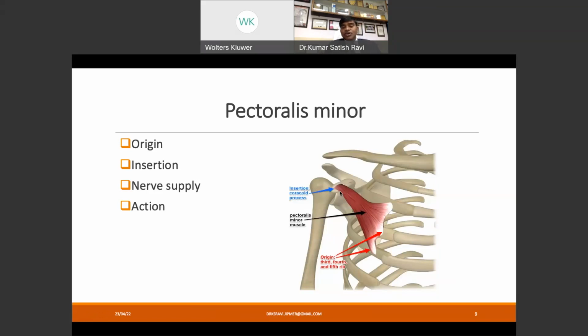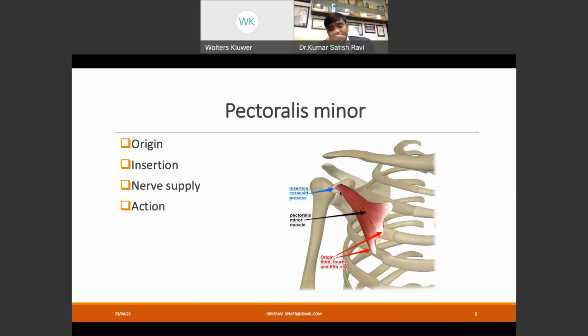Now, the medial pectoral nerve pierces this muscle, and supplies it by piercing the pectoralis minor muscle. So these are the origin, insertion, and nerve supply of this pectoralis minor. Now we will see the action.